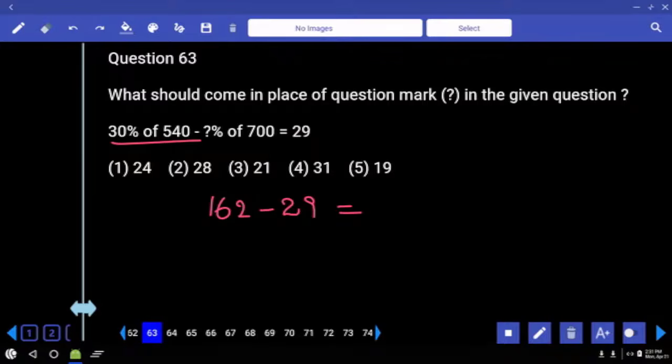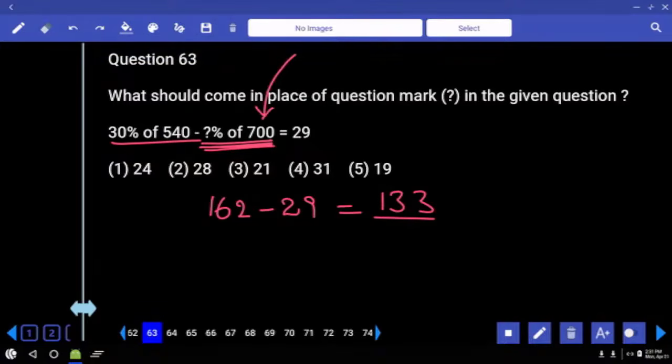Subtract 30, add 1. So now x percent of 700 is 133, correct? To convert this into a number, you have to divide this by the 1% value. What is 1% of 700? Divided by 7. Answer 19.